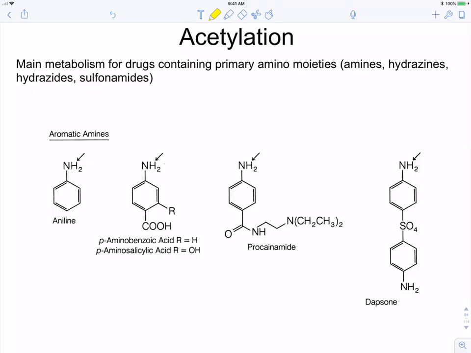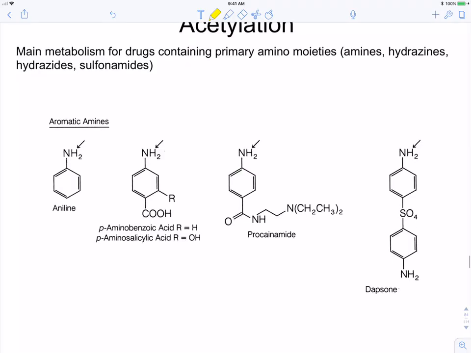These metabolites are usually less toxic, but because they're less soluble, they can also precipitate in the kidney, and that's a problem that we'll see particularly with sulfonamides.